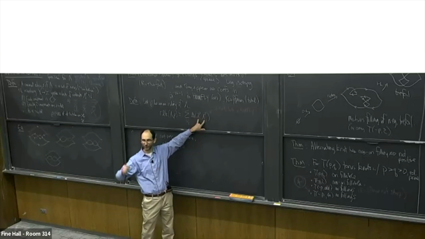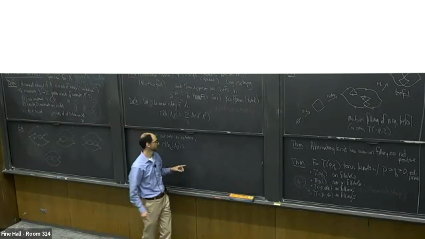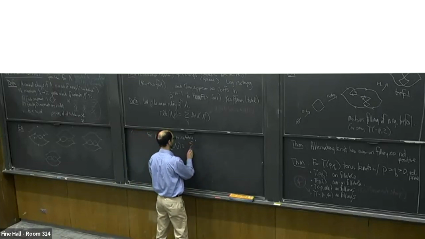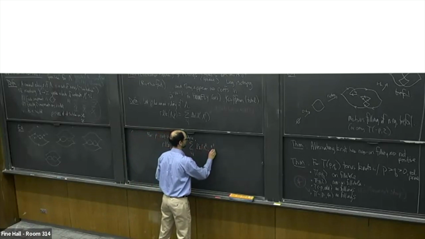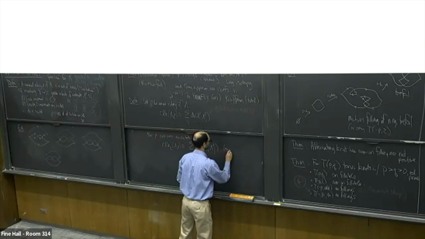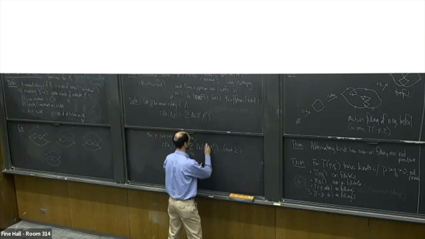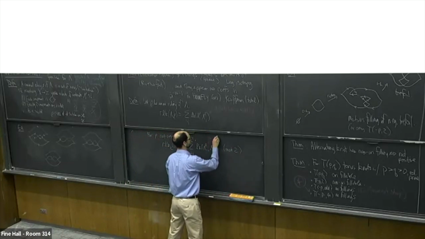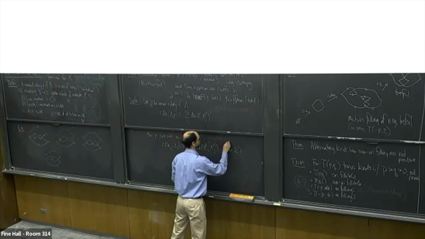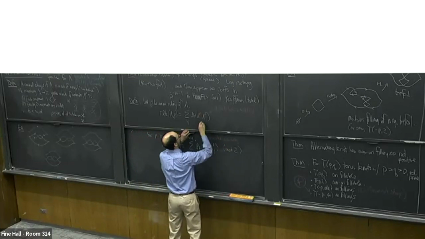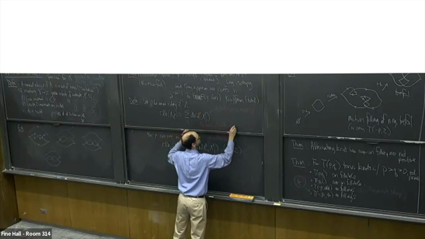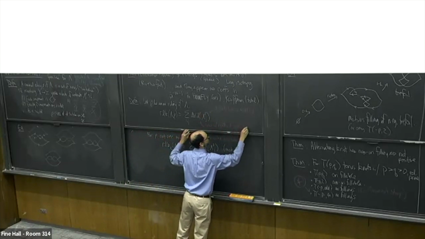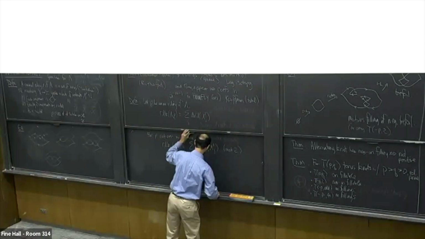You just give them any old orientation, it doesn't matter, because mod 2 it doesn't matter. So now again, we're just going to take the sum of the linking numbers. And again, these come with natural orientations anyway.